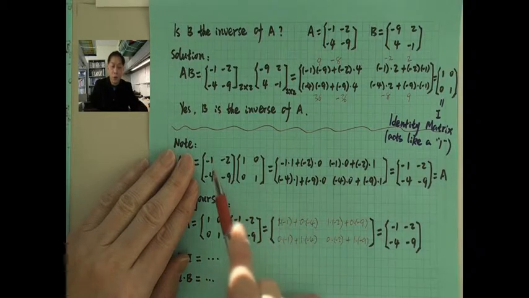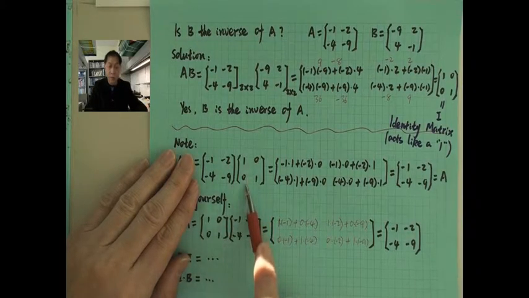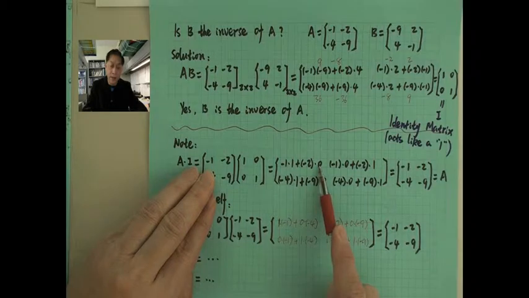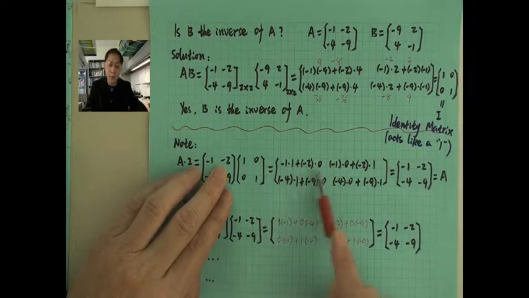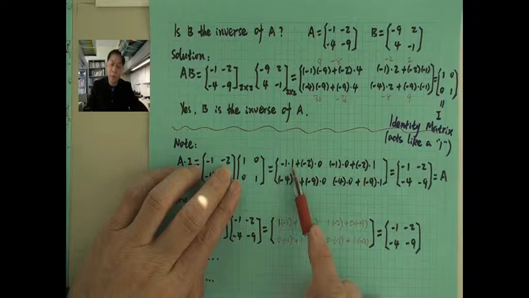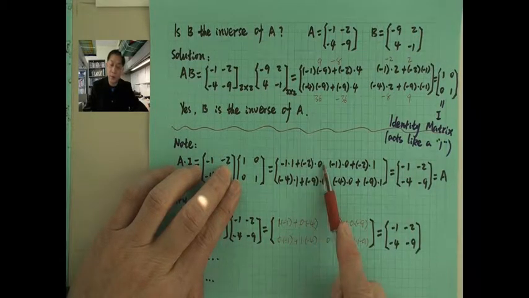Row times column. Row 1 times column 1 is -1 times 1, -2 times 0. What did we get? -1 times 1 is -1 because the other term is 0.